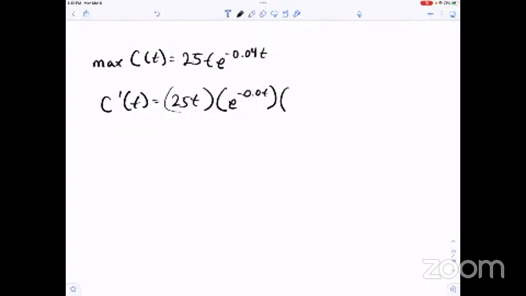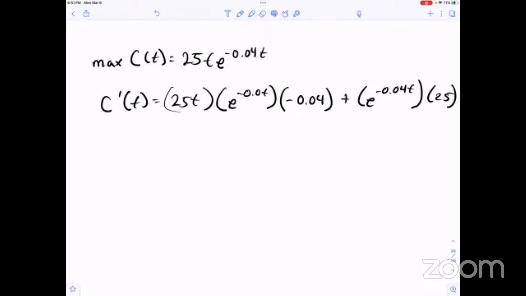So that's the first times the derivative of the second, plus the second, which is this guy, times the derivative of the first, which is just 25. So that's the product rule. Then the goal here is to set this equal to 0 and solve.